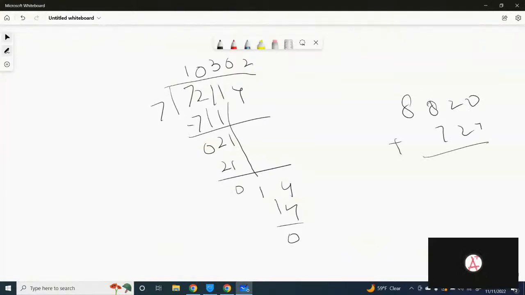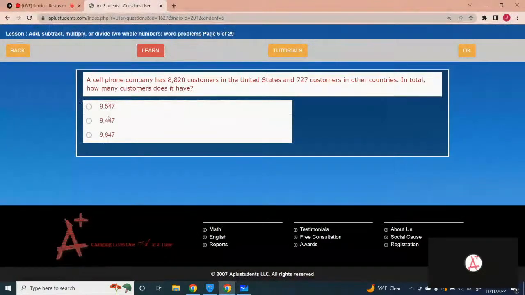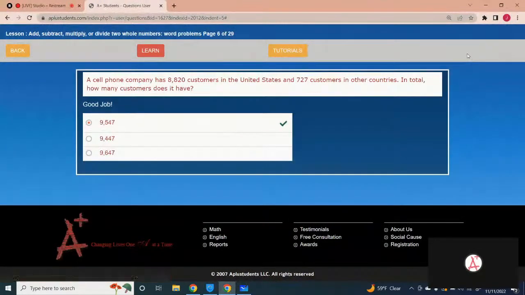Got it? So 7 plus 0 is 7, 2 plus 2 is 4, 8 plus 7 is 15, and 8 plus 1 is 9. It would be 9547. Got it? Select the correct option and then click on the OK button.